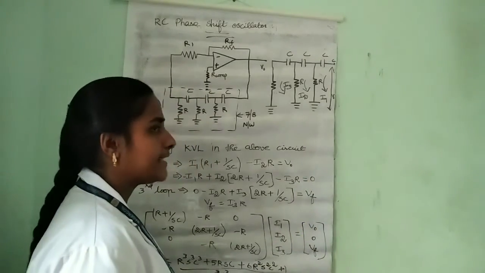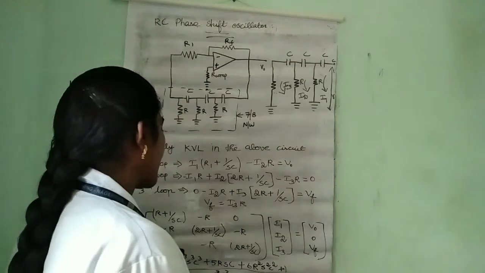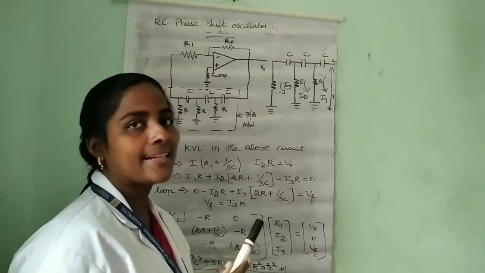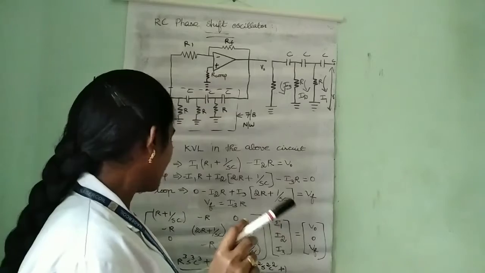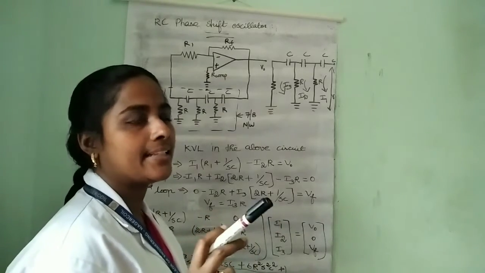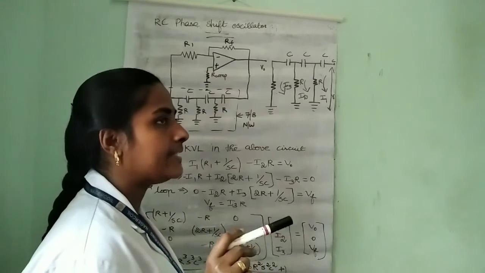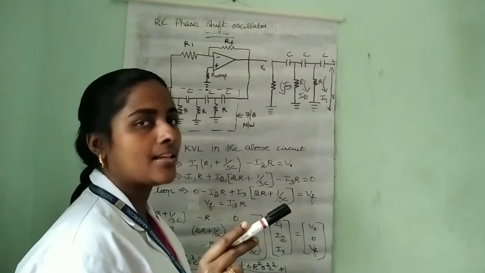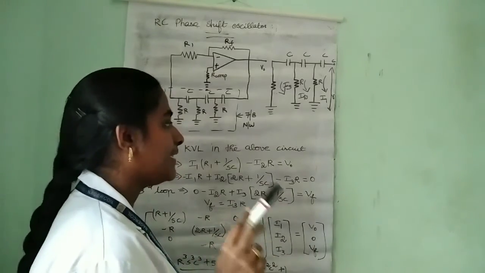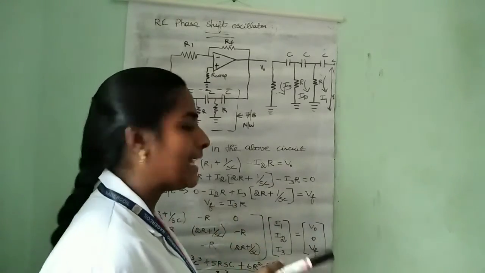Now you can find the determinant values by Cramer's rule. I3 is equal to del 3 divided by del, and I2 is equal to del 2 divided by del. So we need to find the value of del.